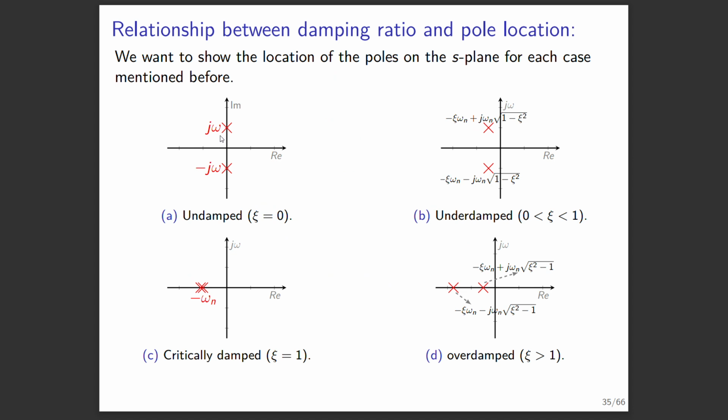Two imaginary poles are going to be there when C is 0. As I increase C, these two poles are going to move from the j omega axis to the left. When I increase C more and more, I end up here, and then I end up here.